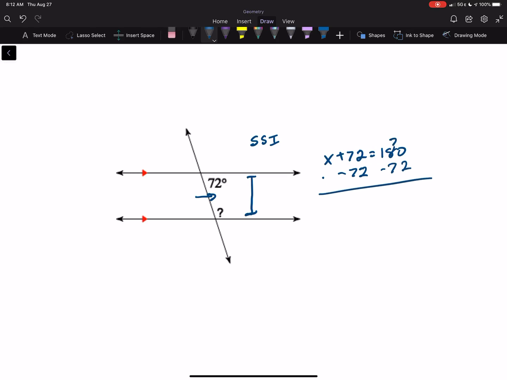I'm going to borrow again, so 7 and 10. 10 minus 2 is 8. 7 minus 7 is 0. 1 minus nothing is 1. And then x equals that. So be sure you're careful with your subtraction because it can get tricky, or use a calculator. And x equals 108. Is that what you got? Great. Okay, so there's a couple questions for you to answer here before you're finished, and that's it.